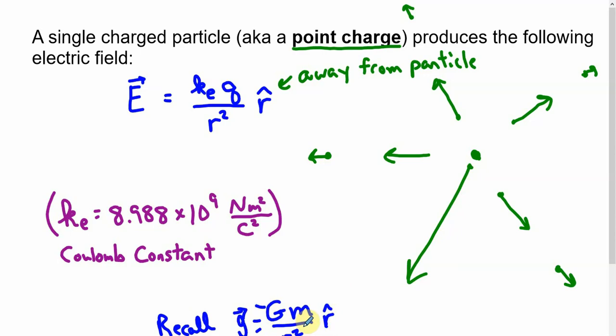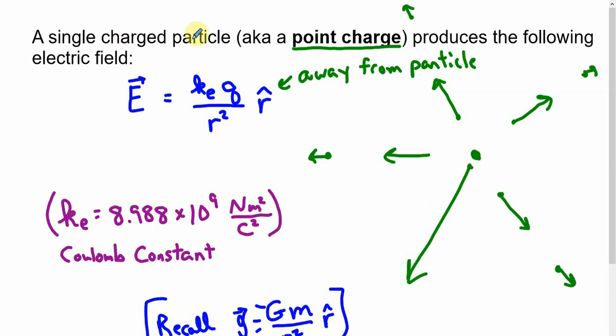Because gravity is always attractive. But in this case, it's a repelling force, at least for same charge particles. But my point is, it's following the same format: a constant times the property, here mass, here charge, and then divided by r squared, inverse square law. And then either away from or toward the particle.